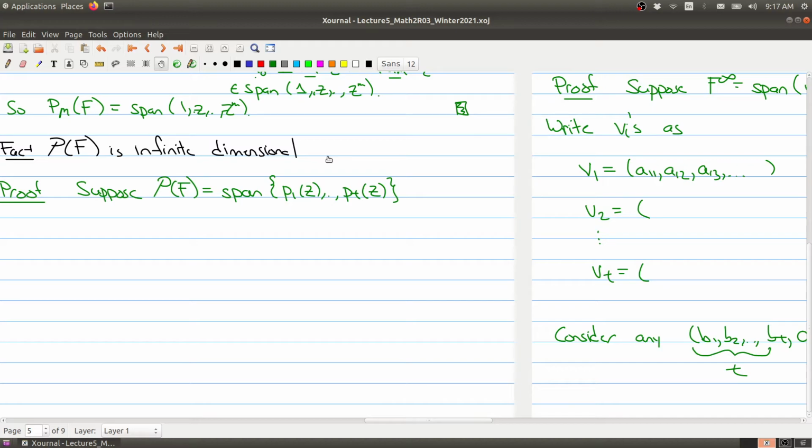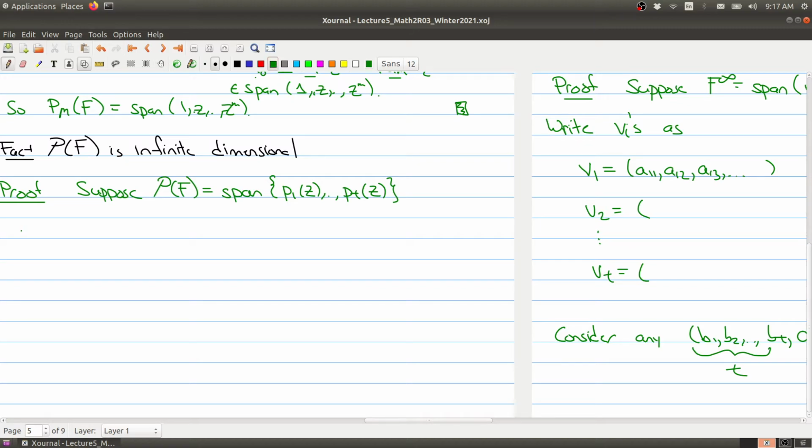And here would be a proof to illustrate how you would prove something's infinite dimensional. The way that you prove it is to do a proof by contradiction. You say, well, suppose that it was finite dimensional, right? Suppose that there were a collection of polynomials, p1 up to pt, that generated, so that by taking all linear combinations, you could get all the polynomials of any degree.